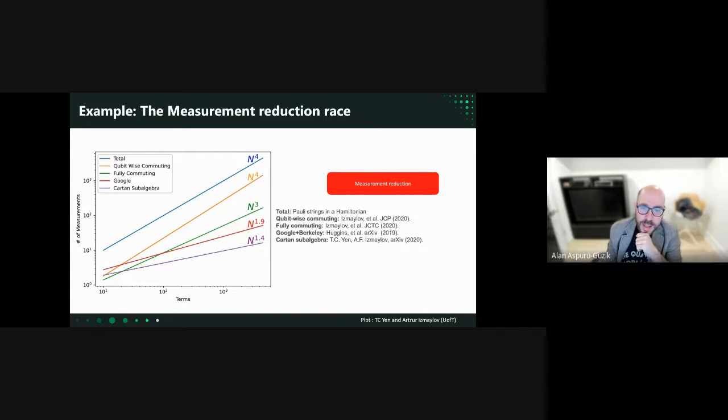And with all of those tricks, you get a scaling in the number of measurements that now goes with low powers, like 0.4. Which basically means you're lowering the number of measurements required, which has been one of the biggest criticisms of the variational quantum eigensolver, both in the scaling, but also in the prefactor.